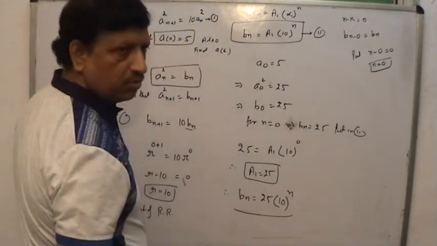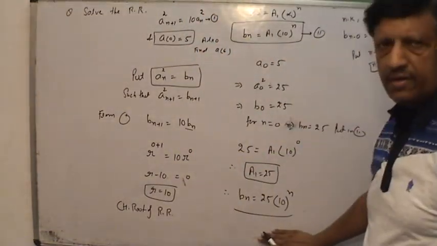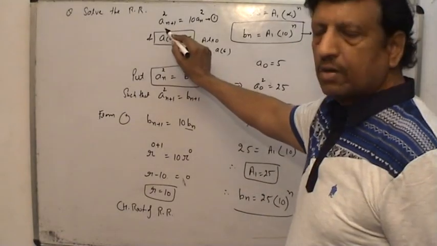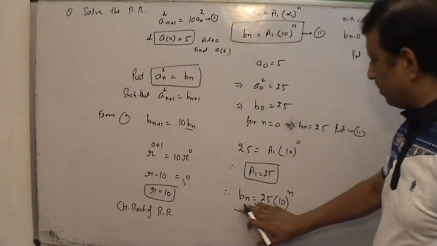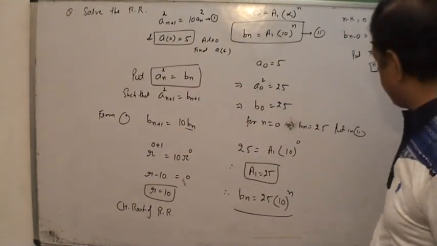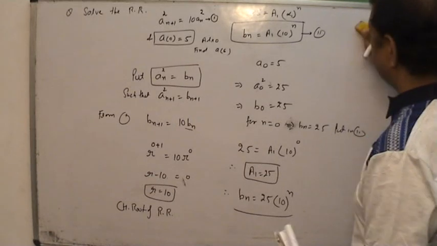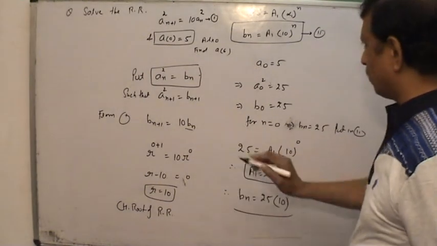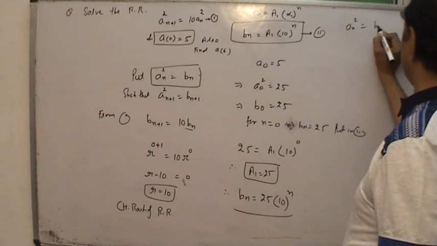It is the general solution of the recurrence relation, but it is not the final solution, because the given recurrence relation was in quadratic form. Now it is in linear form. We can resubstitute the values of bn. So bn is equal to a square n. From this relation, we say a square n is equal to bn.